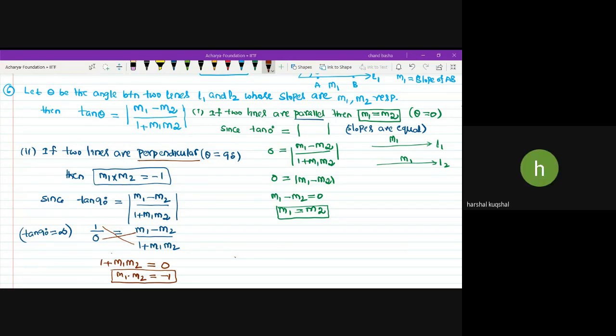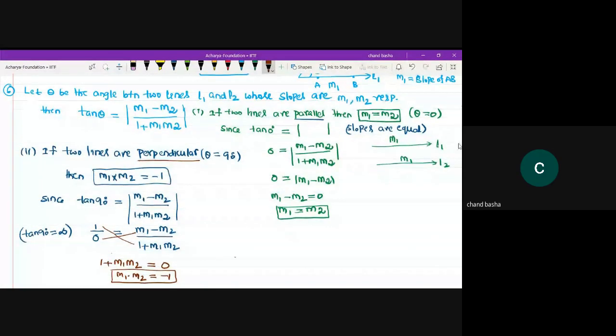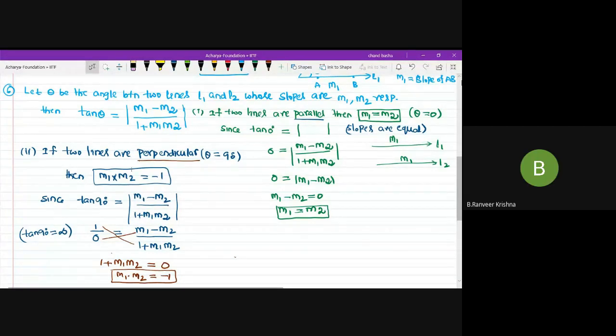Yes, sir. Just for finding the slope of the straight line passing through the following points. Can you scroll up, sir? For which point? Sir, for the fifth point.